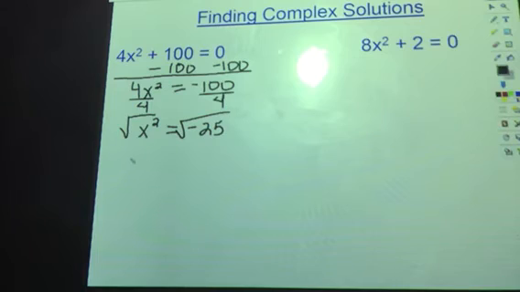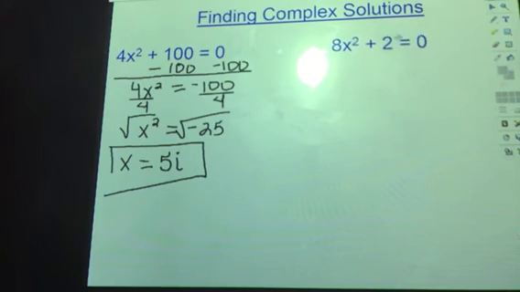The square root of x squared is x, and the square root of negative 25 is 5i. That's our final solution. These are our x-intercepts, our roots, our zeros, whichever one you want to call them. This is where they will cross the x-axis. Okay, let's go on to our next example.